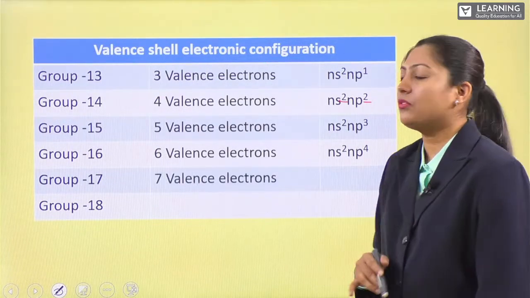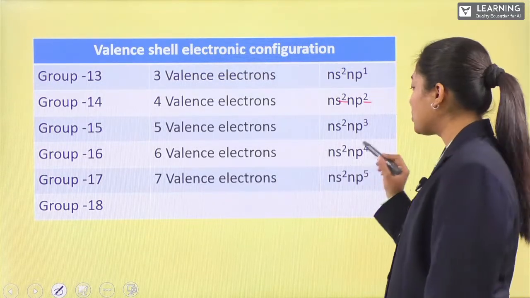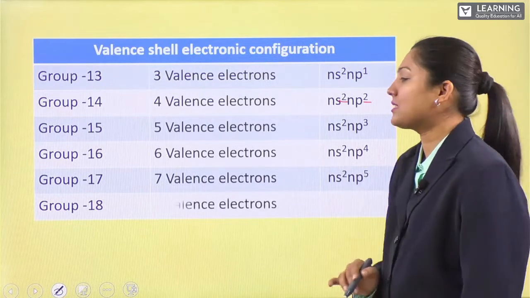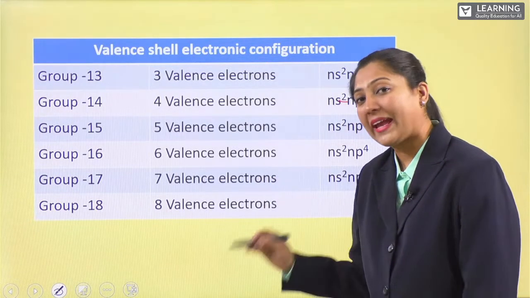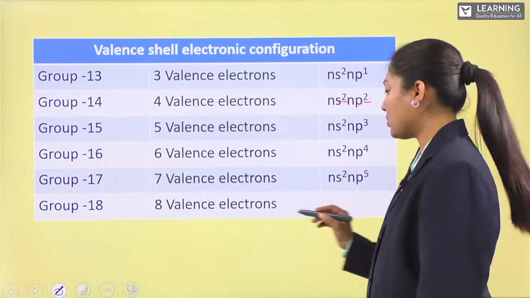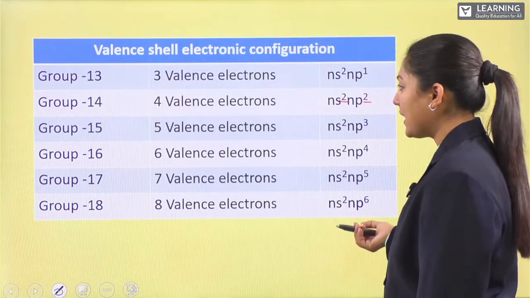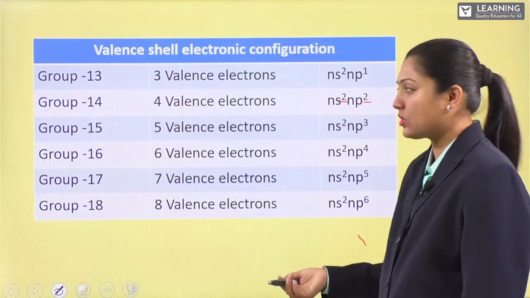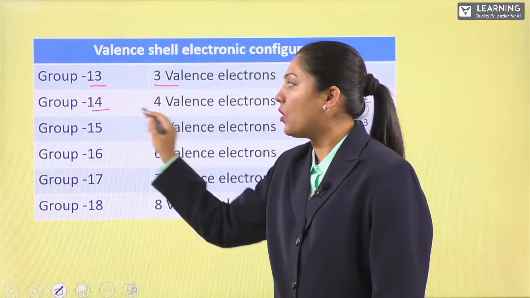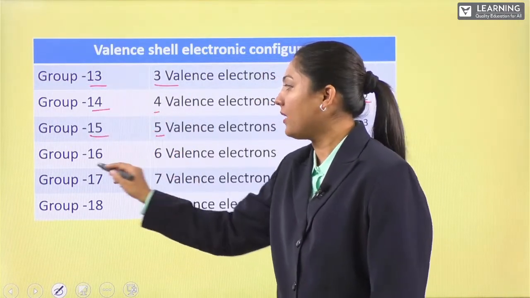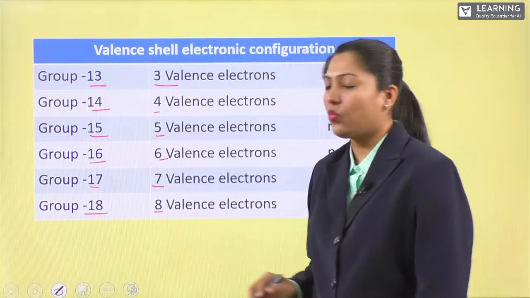So next we have group 17, 7 valence electrons. So ns2 np5. The next is the last one, group 18, with 8 valence electrons, and we have ns2 np6. Here what you can easily understand, students, is that the 13th group will have 3 valence electrons, 14th 4, 15th 5, 16th 6, 17th 7, 18th 8 valence electrons.